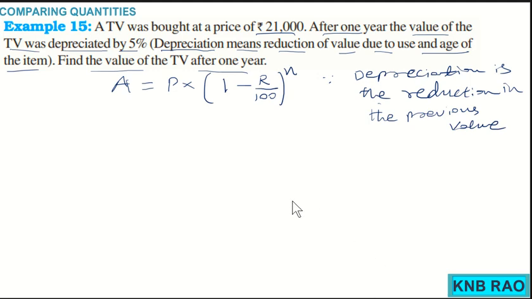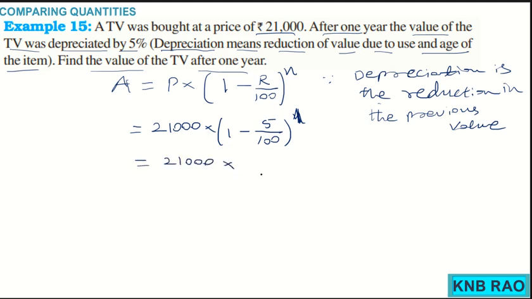So students, here we will find the depreciation by substituting P with 21,000, 1 minus, where depreciation rate is 5%, so 5 over 100, raised to n. Here n is for 1 year, so I have substituted 1.